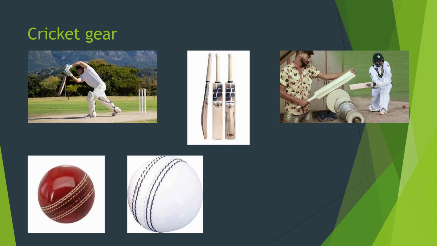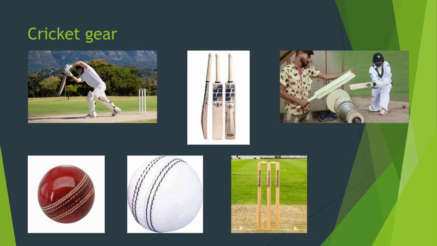The cricket ball, on the other hand, has evolved quite a bit. This is the traditional red ball used in the longer version of the game, but over the last 20-30 years, the white ball is what's being used for the shorter version of the game, and it's evolved quite a bit.